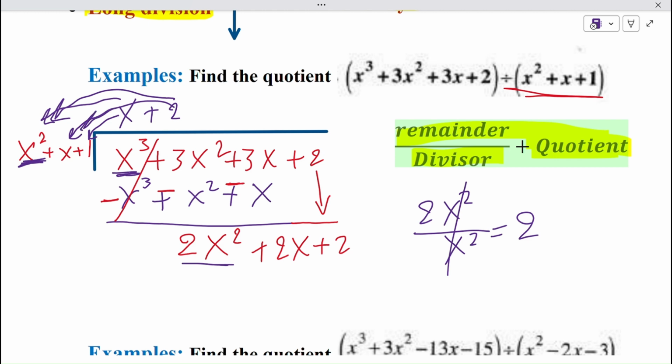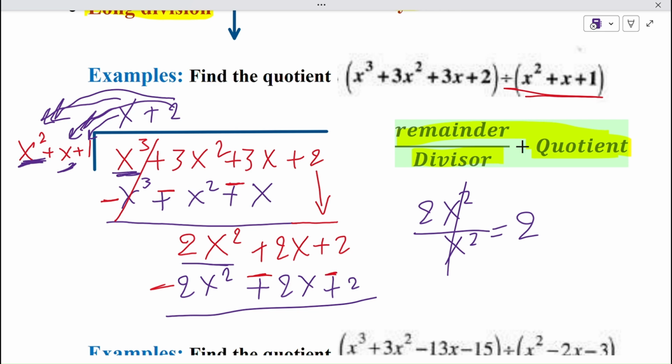Okay, 2x to power 2, it means 2x to power 2 plus, then 2 times x, 2x, then 2 times 1 plus 2. The second step, change the sign, then this is all equal to 0.